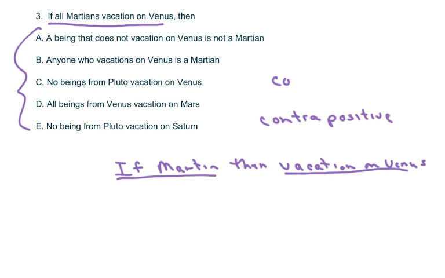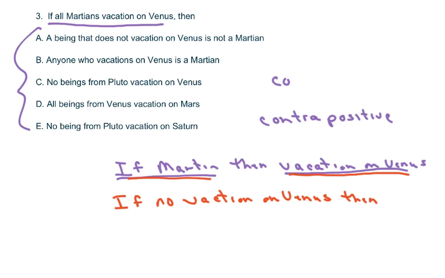So we're going to write if not, and then we're going to write this first, vacation on Venus, then not a Martian. So that would be, the answer is A.